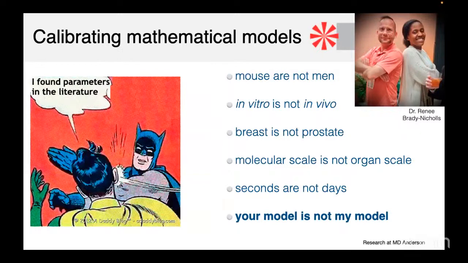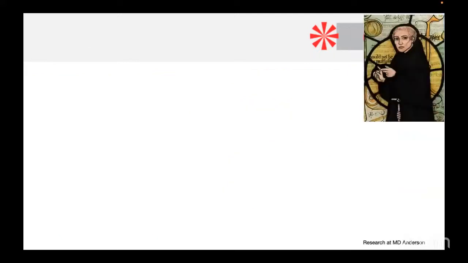Molecular scale is not organ scale. Seconds are not days. Your model is not my model. Don't pick and choose parameters out of context and plug them into your model, and now the model fits data and say the model is calibrated. I see that we've done this exercise a couple of times, but just taking parameters out of a model that was developed for a different purpose may not translate and may potentially lead you down a wrong path.